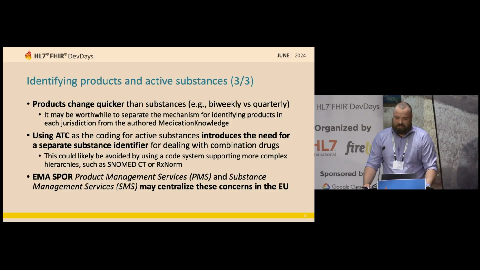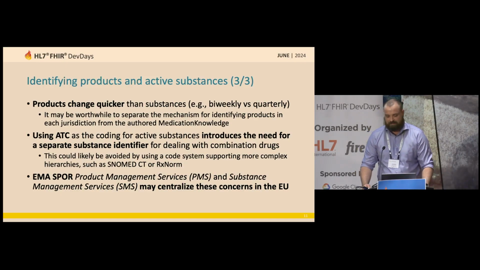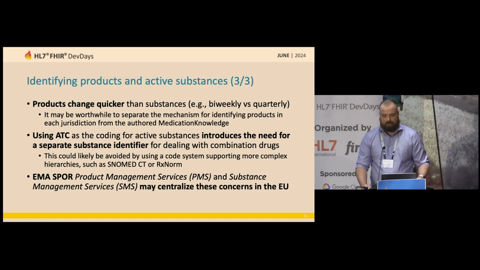And as mentioned earlier, if you're using ATC to identify the active ingredients, this introduces ambiguity for combination drugs, meaning that you'll need a different substance identifier as well. That's not necessarily the case using some different code systems, SNOMED CT, RxNorm, things like that.